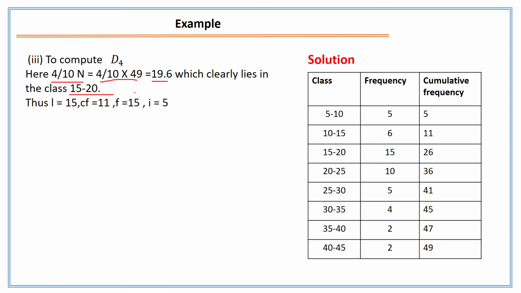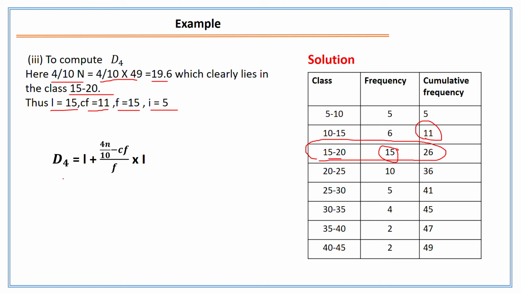So here L is 15, the lower limit of the class, cumulative frequency is 11, F is 15 and I is 5. The cumulative frequency 11 is of the class one class before the decile 4 class.